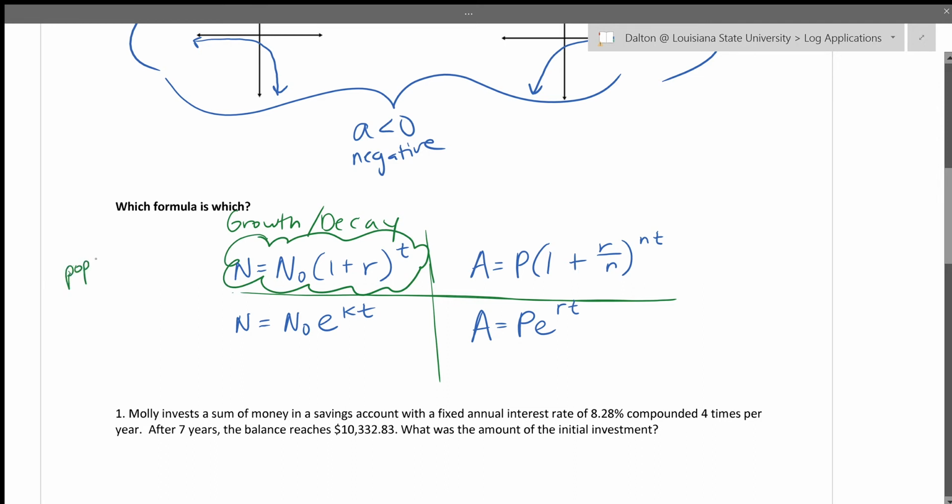And again, the very popular scenario is population. The thing about the bottom equation is that usually when you have growth and decay formulas in terms of e, they are usually given to us using the problem's own parameters, if that makes sense.